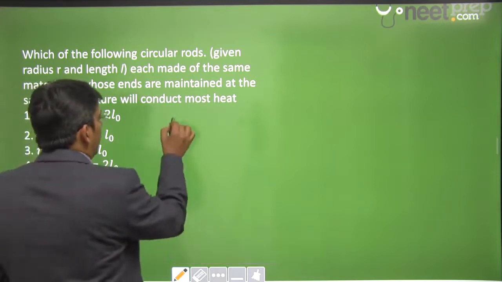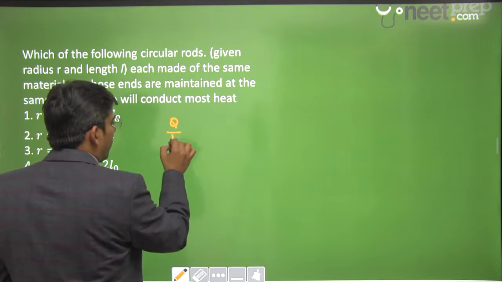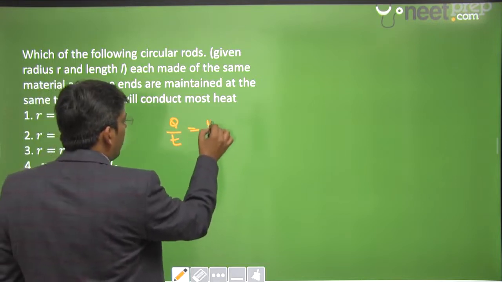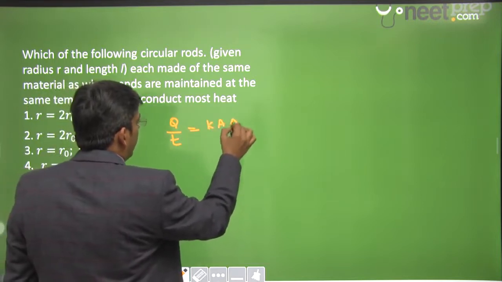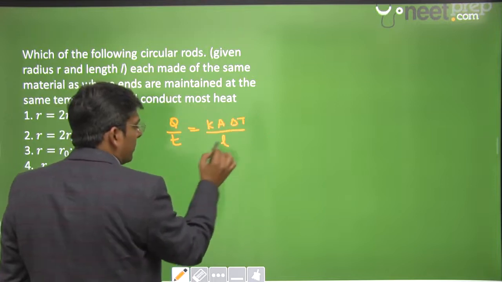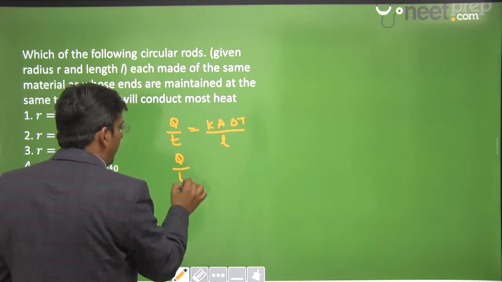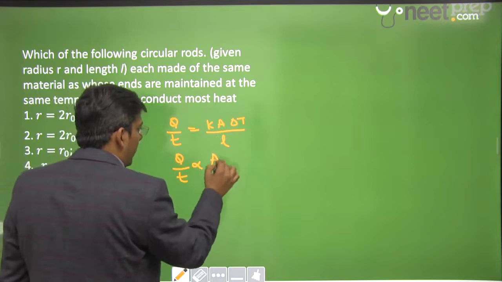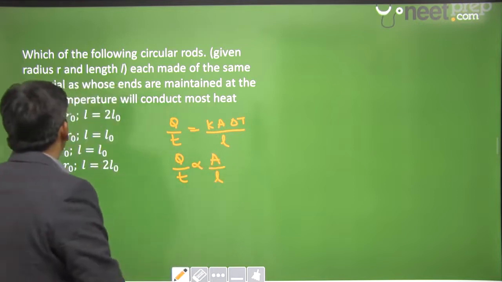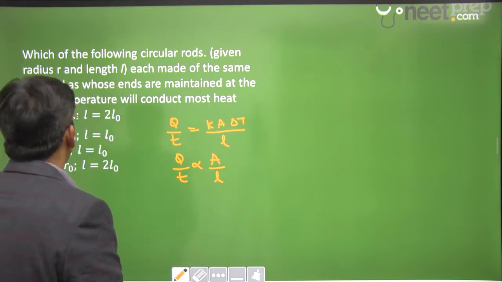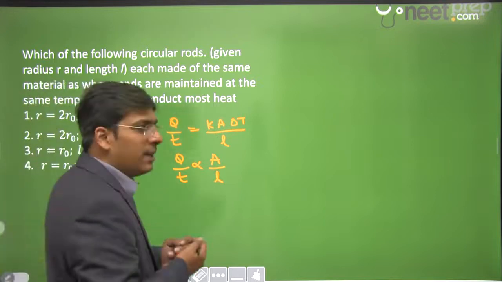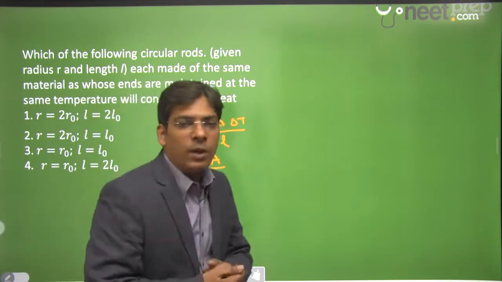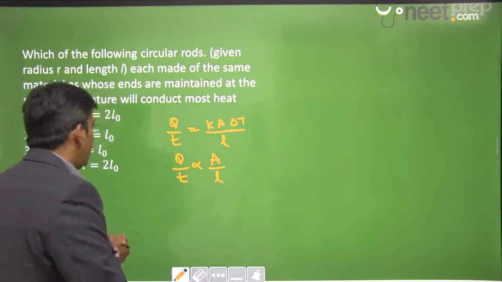See, rate of flow of heat is equal to K A delta T divided by length. So you can say that rate of flow of heat is directly proportional to area divided by length, right? Now see, the one having the larger area and lesser length will conduct more heat.